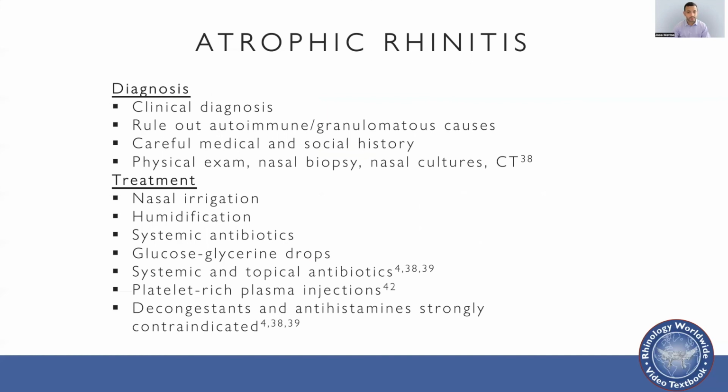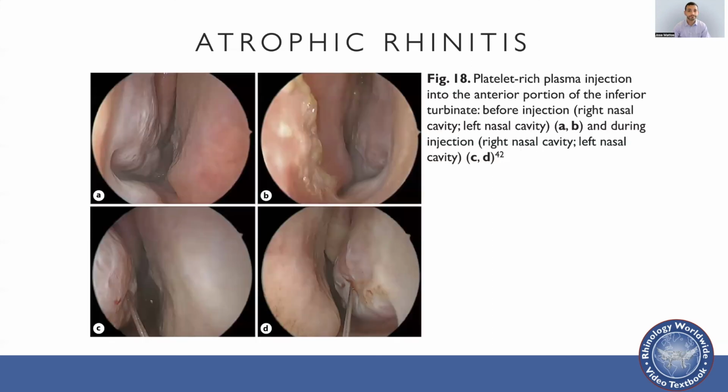And again, the treatments here are similar to other such conditions with nasal irrigations, humidifications, possibly antibiotics that can be systemic or topical. Decongestants and antihistamines are not indicated in these patients, and there's been some studies of platelet-rich plasma injections for these patients, but really the mainstay is thorough topical nasal regimens.